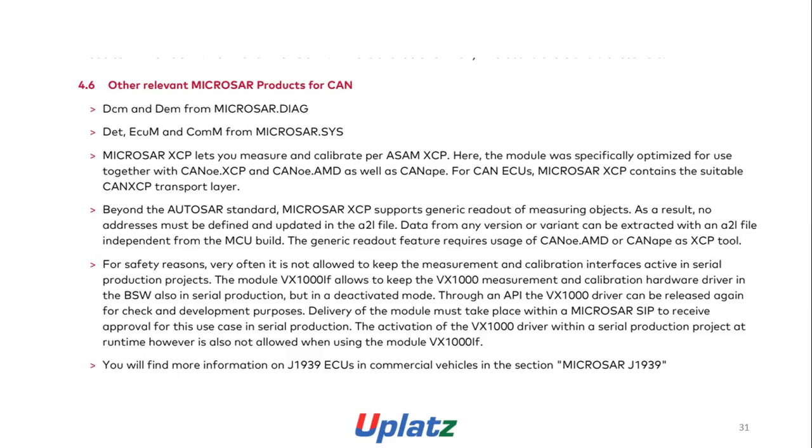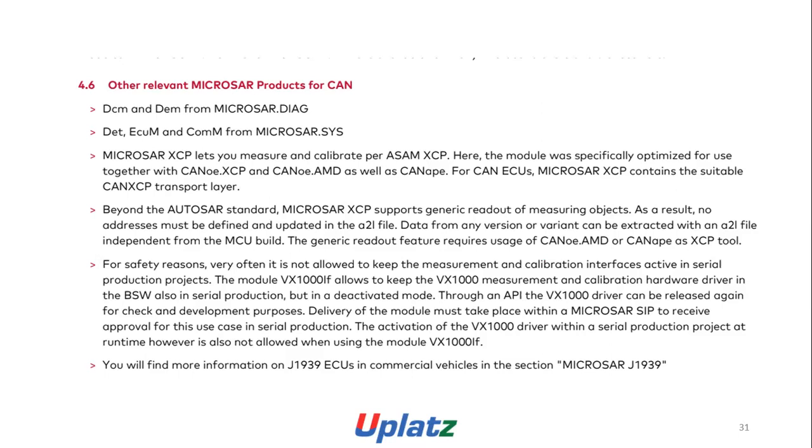For safety reasons, very often it is not allowed to keep the measurement and calibration interfaces active in serial production projects. The module VX1000IF allows keeping the VX1000 measurement and calibration hardware driver in the BSW also in serial production, but in a deactivated mode. Through an API, the VX1000 driver can be released again for check and development purposes.